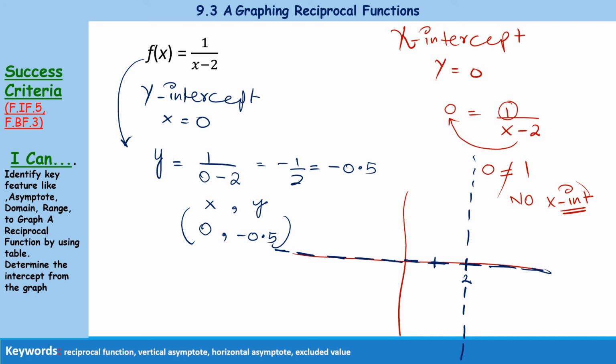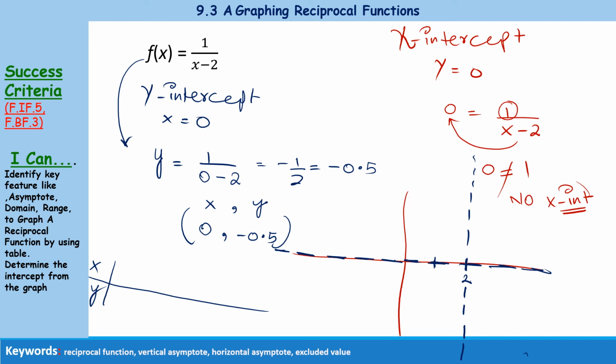Now after that, take any point from the left hand side. For example, you can make a table if you want. If you have a graphic calculator, you can use it, and if you know how to make this directly, you can, but it is better to take 1 or 2 points to avoid any kind of confusion.